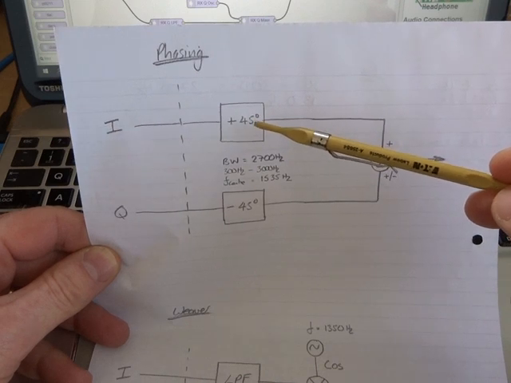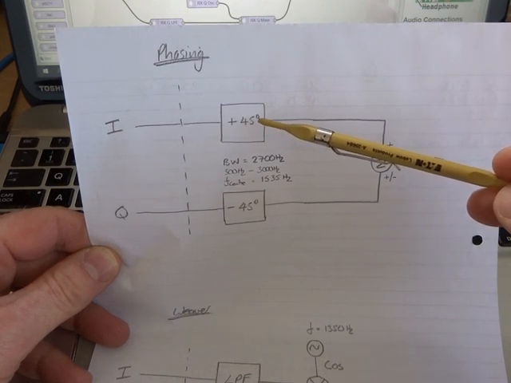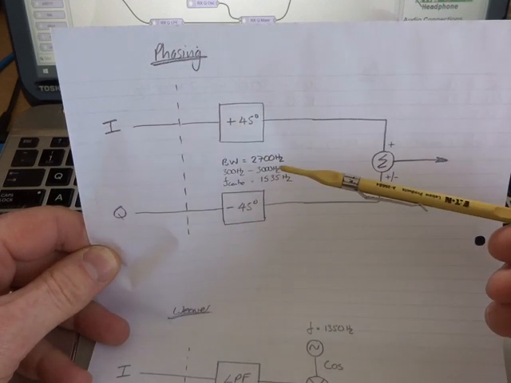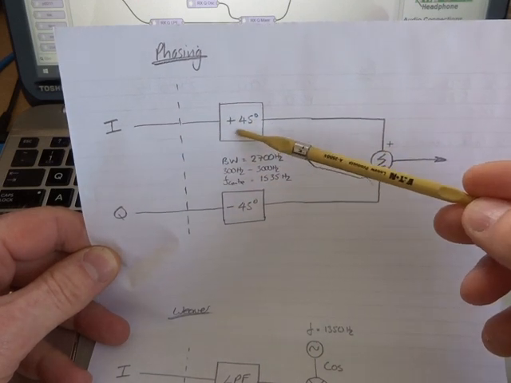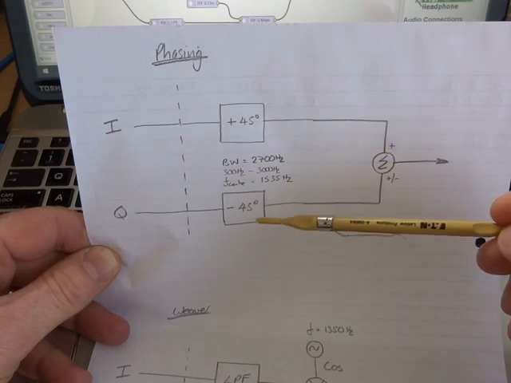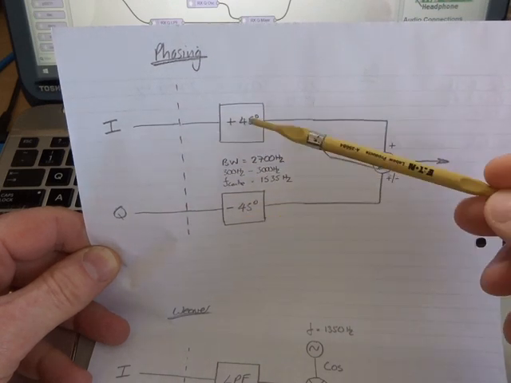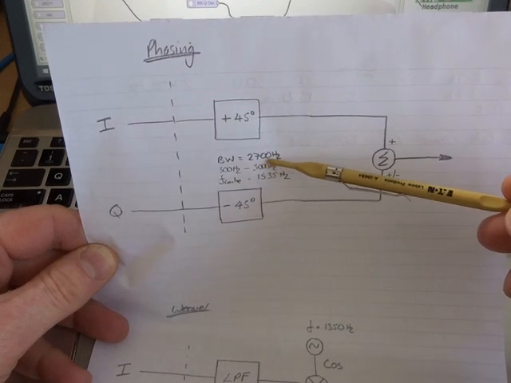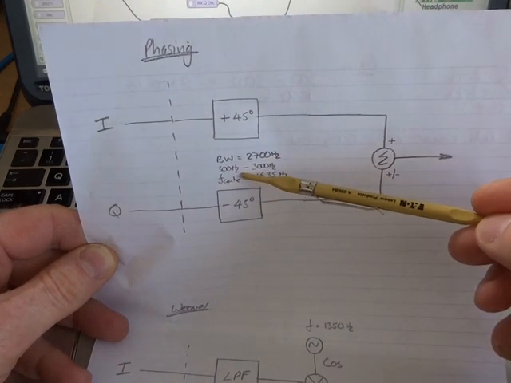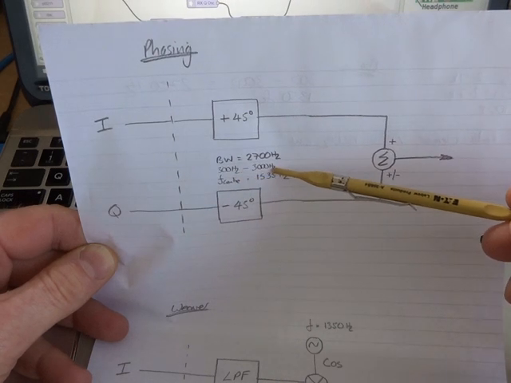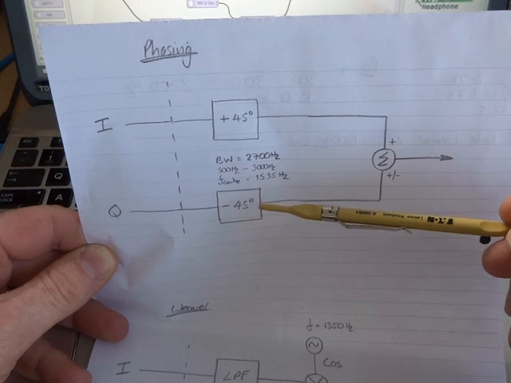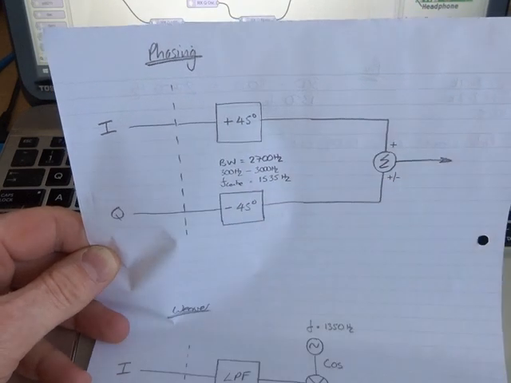But in an attempt to mitigate some of the noise around DC, I elected for a band pass filter here, which is also introducing the plus 45 and minus 45. That bandwidth is 2700 Hertz, set up to be from 300 Hertz to 3 kilohertz, with a center frequency of around 1.53 kilohertz.